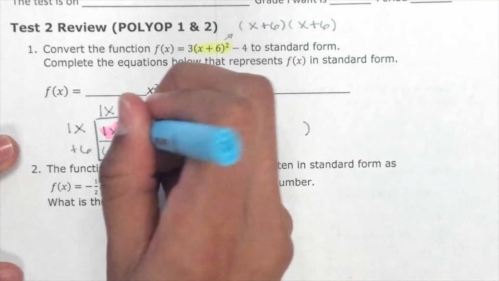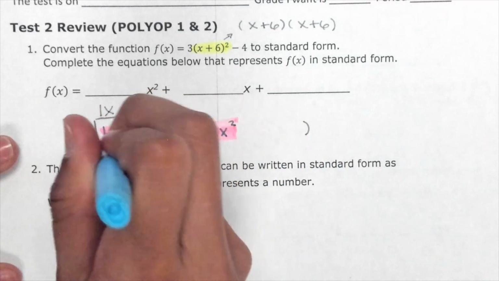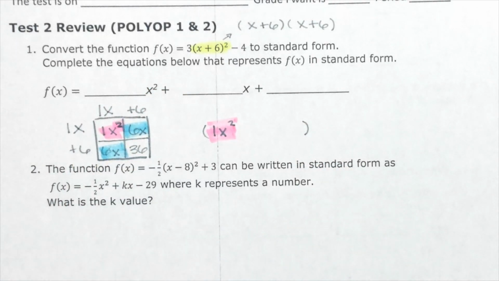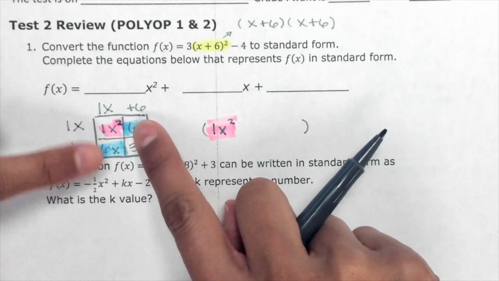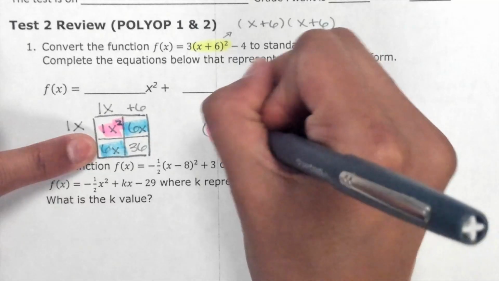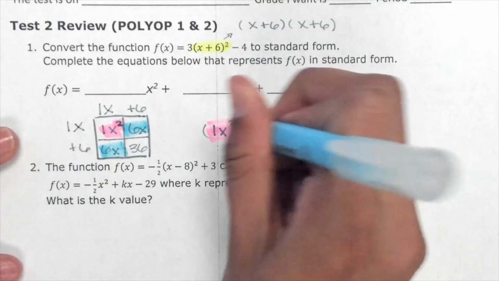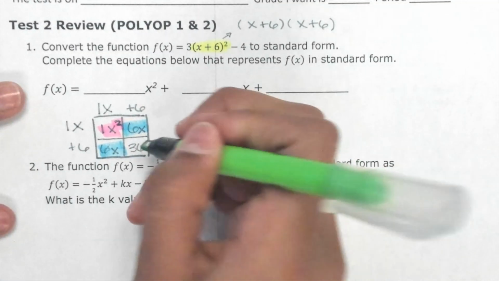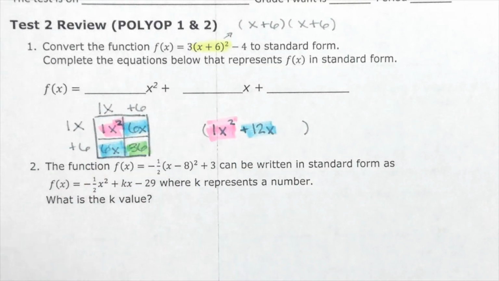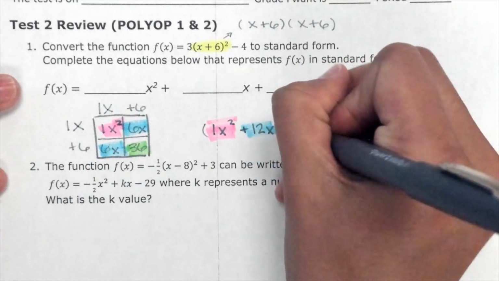Then we move on to our x's, and I see that I have like terms here. I have a 6x and I have another 6x. So we're going to add our like terms together. 6 plus 6 is 12x. And then in our last box, our last term is 36. It's by itself. No other like terms, so we have plus 36.